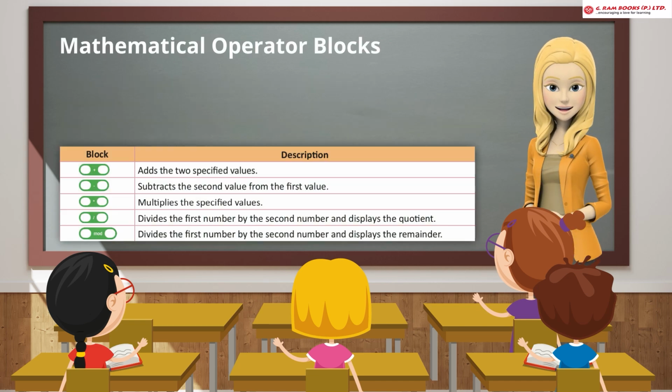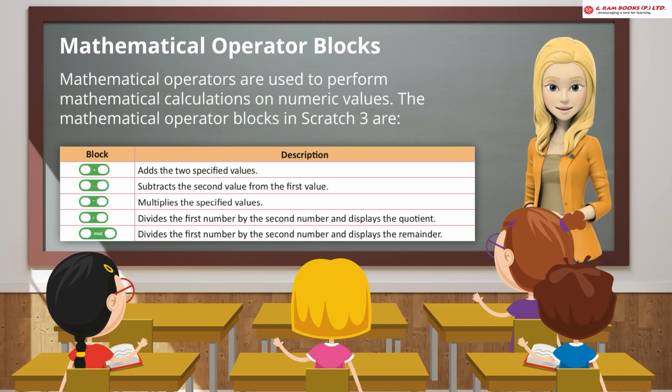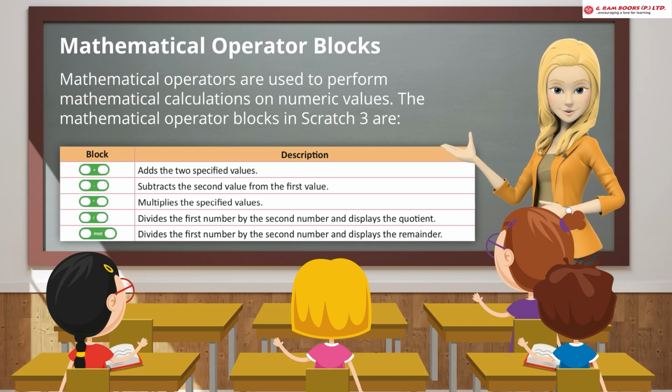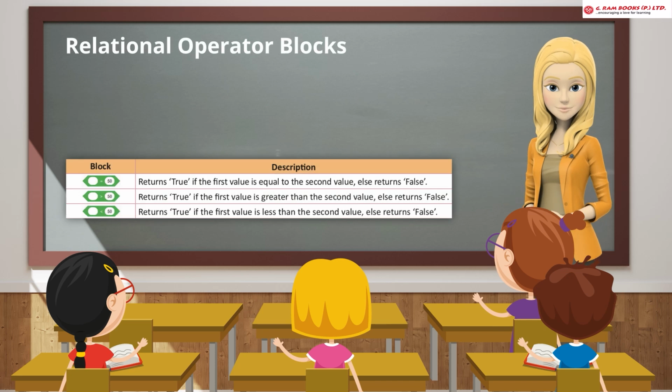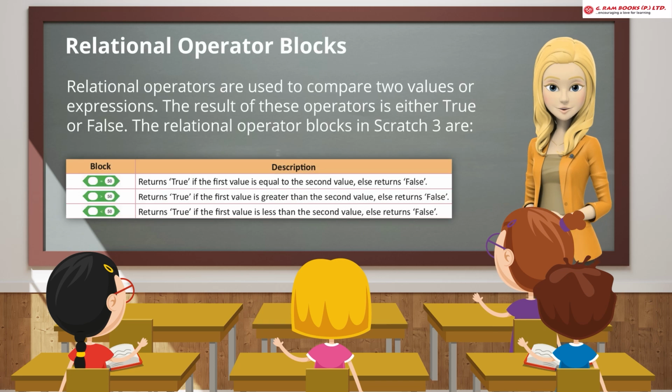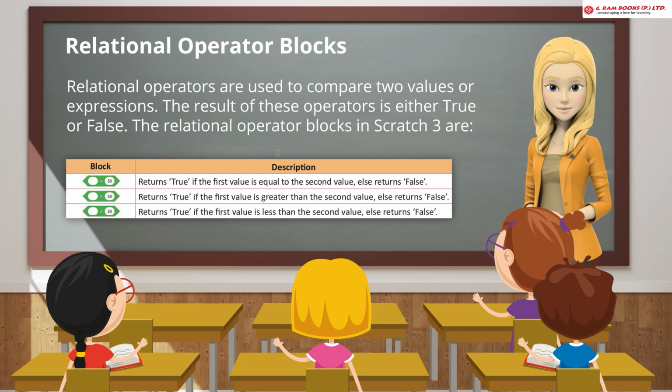Mathematical operator blocks. Mathematical operators are used to perform mathematical calculations on numeric values. The mathematical operator blocks in Scratch 3 are relational operator blocks. Relational operators are used to compare two values or expressions.